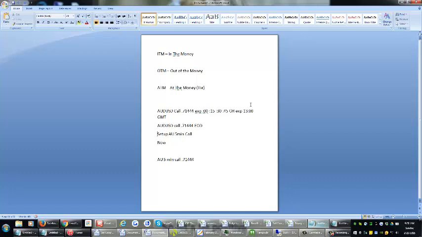Okay, so the next type of trade is called a turbo trade. These are very quick. Rather than having these expire at a certain time frame, they're going to expire exactly 5 minutes from when you entered the trade.